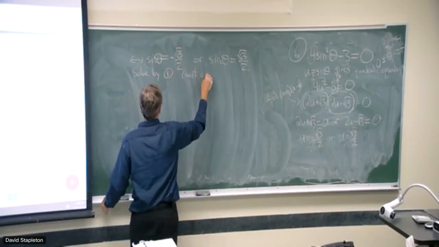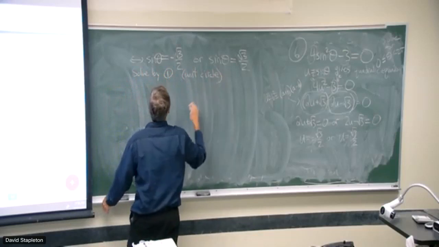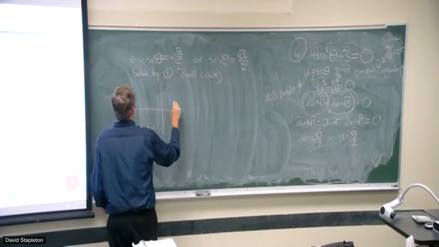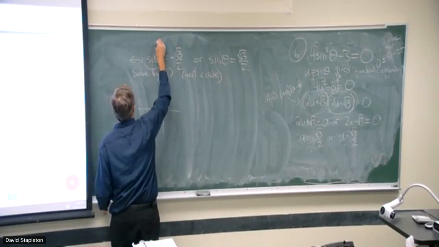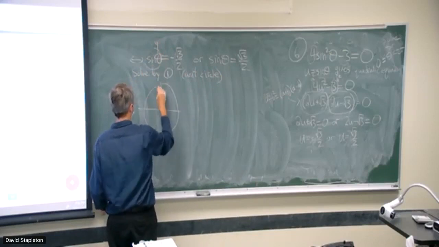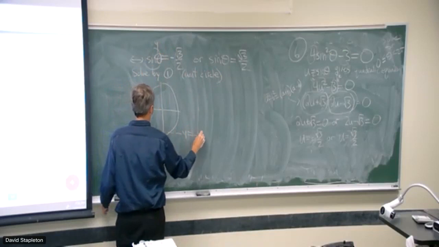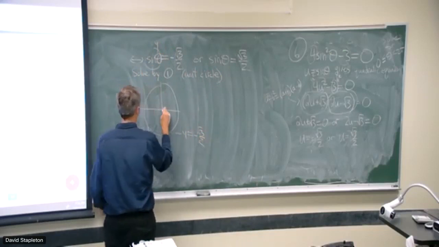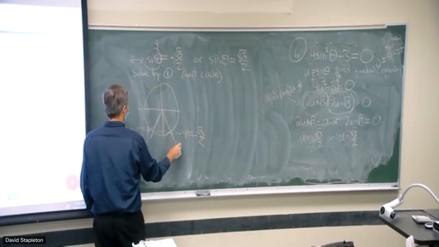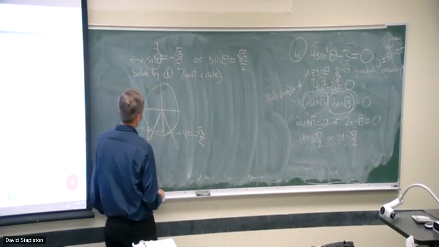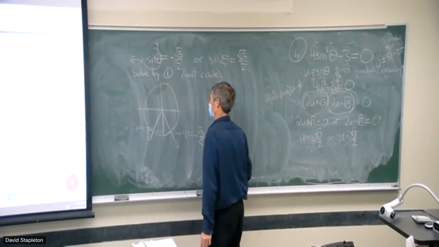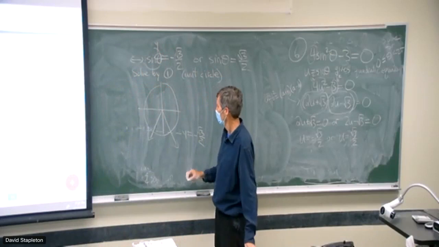Method 1 is the unit circle. So I put the first one and I say this is the y coordinate equals minus square root of 3 over 2. Way down here. I figure the two angles. What are they? Oh, that's not so bad, right?